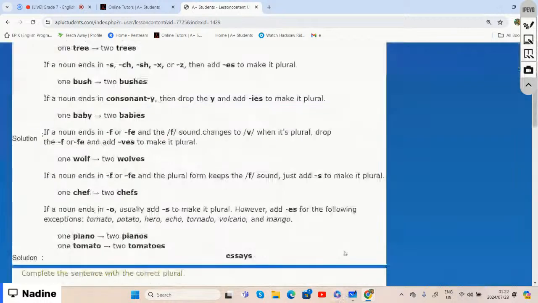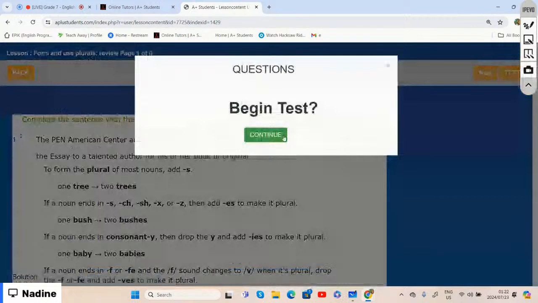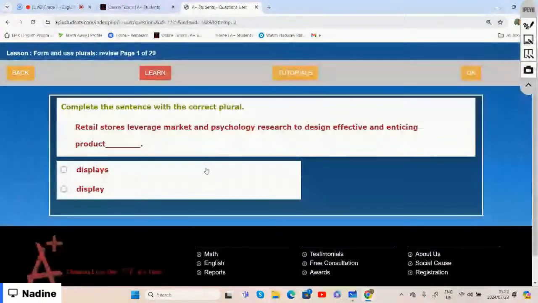All right. Let's go to our test. So we're going to a test where we are going to complete the sentence with the correct plurals, right? And it says retail stores leverage market and psychology research to design effective and enticing product.